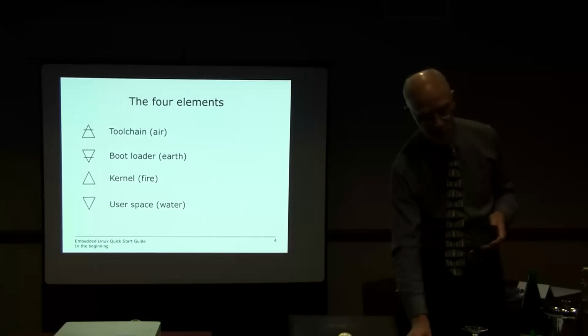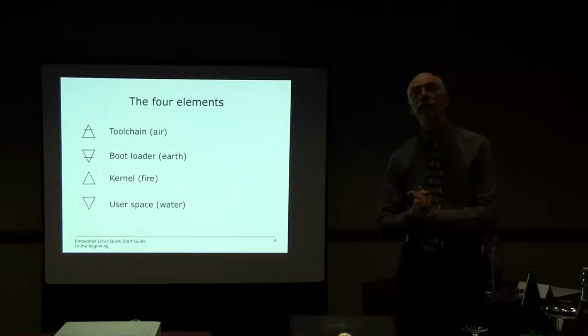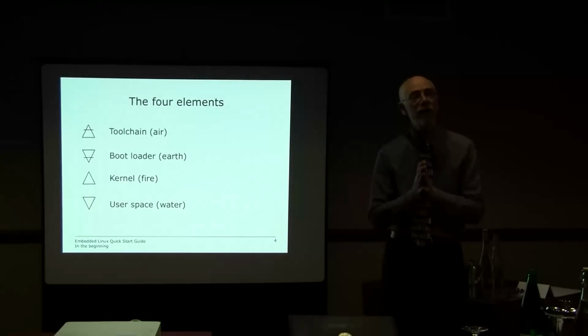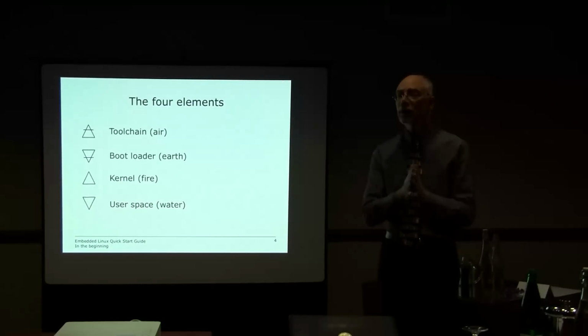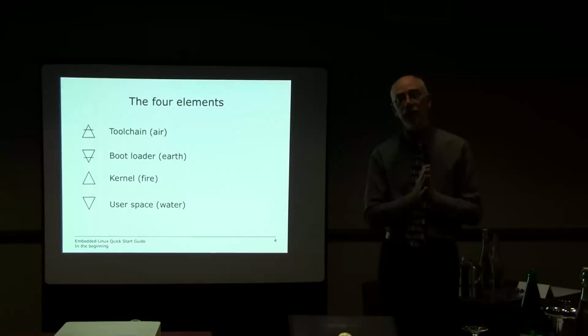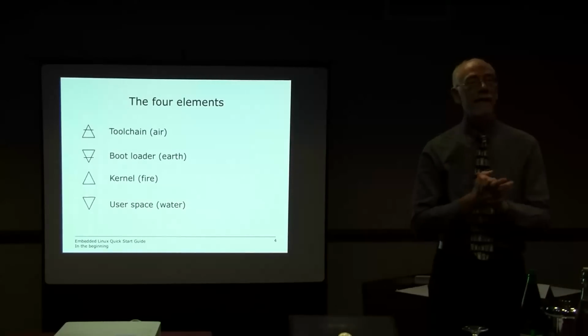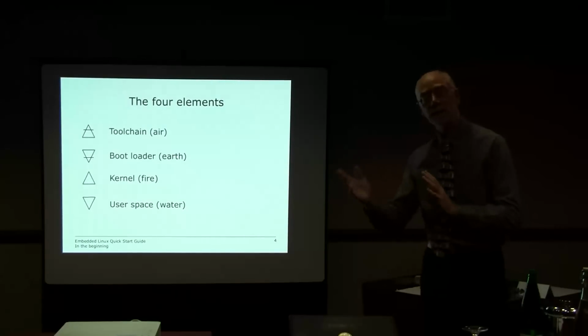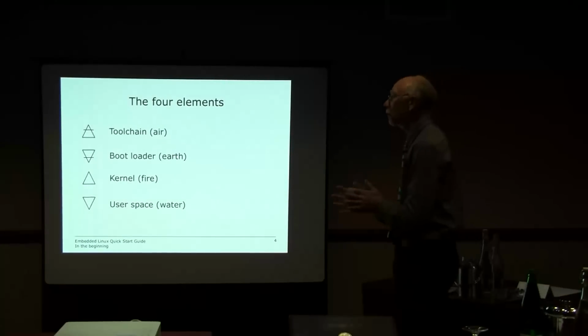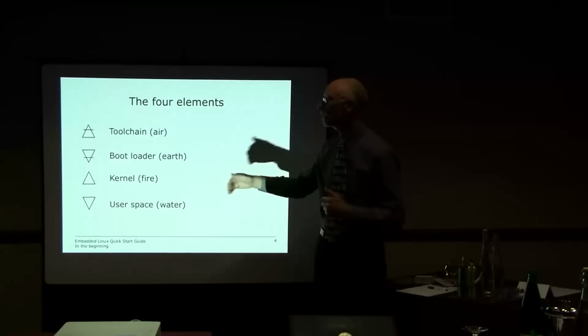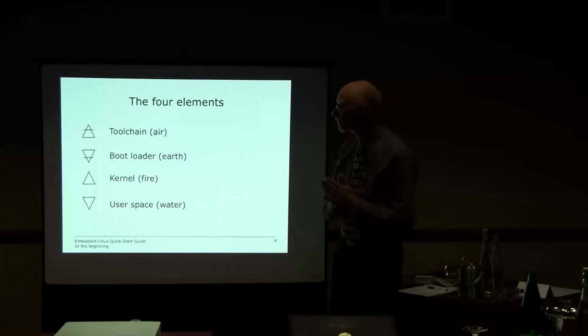So, the four elements of an embedded Linux system. Now, at this point, I was thinking to myself, I need something that matches the idea of fourness. And I thought, well, Fab Four, Beatles, maybe, but no, maybe not. And then I thought, I know, the four elements. So apologies for this, I'm not going to make a big thing about this, but I thought, well, the four classical elements.